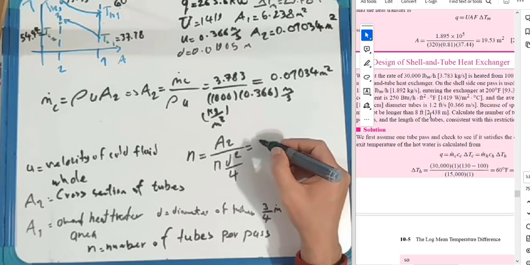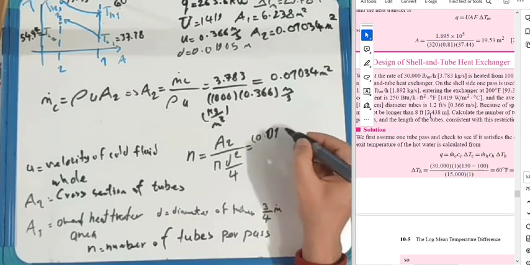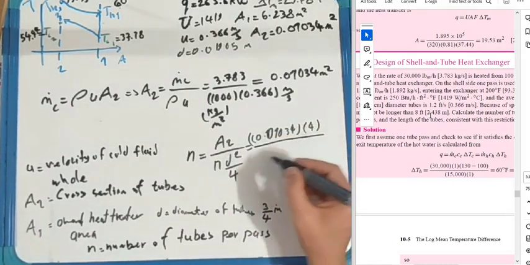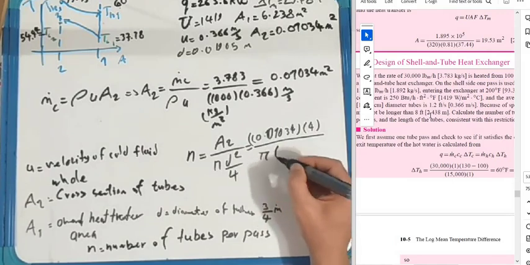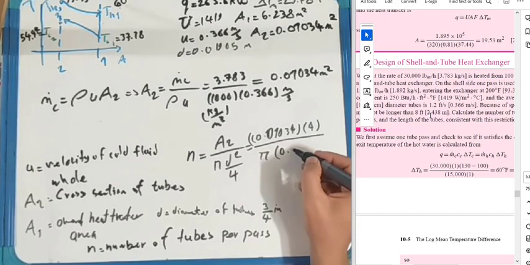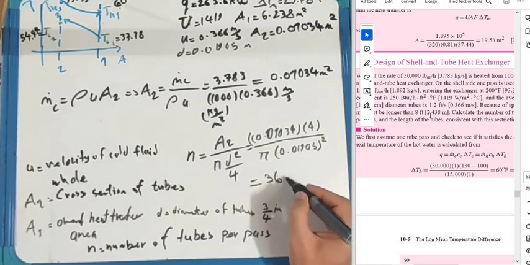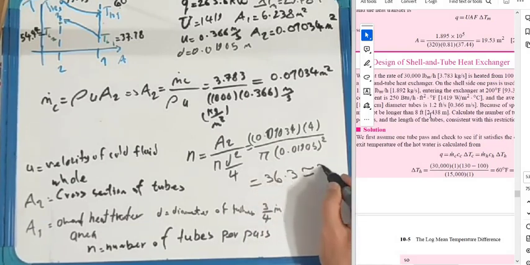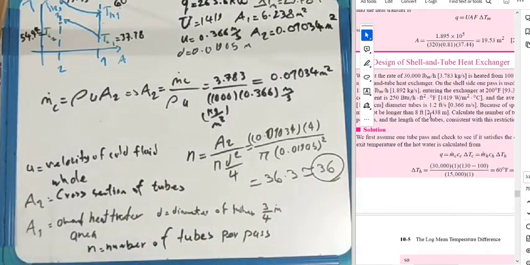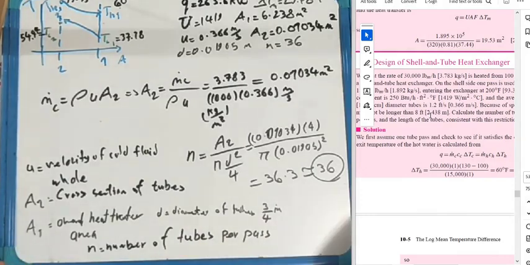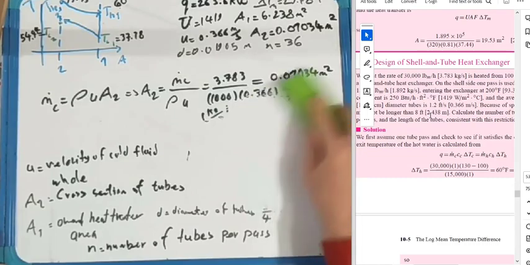Then I can write here 0.01034, which is A2, multiplied by 4, and pi times this diameter square, and N would be 36.3, or 36. Then N would be 36. We should check if our restriction would be okay.